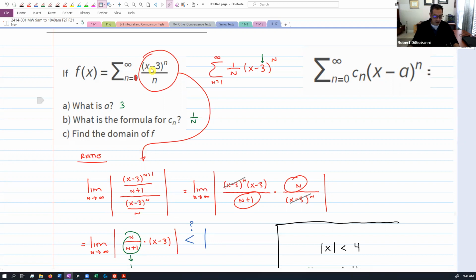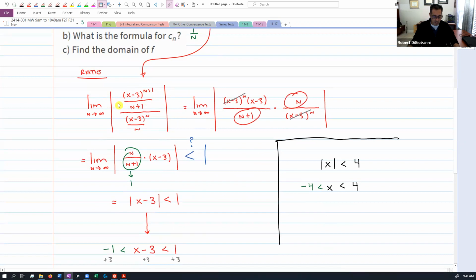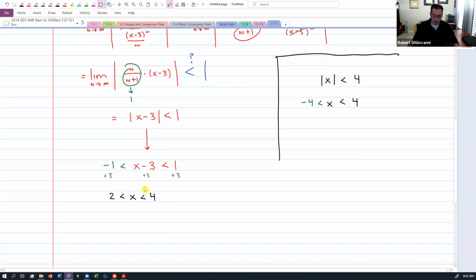And what we've determined so far is that if we run the ratio test, as long as we keep this limit below 1, we will have convergence. And so we've figured out what the x would have to be to keep it less than 1, right? Agreed? So far, this is our domain. So far, we are not done. And this is where things get a little tricky.